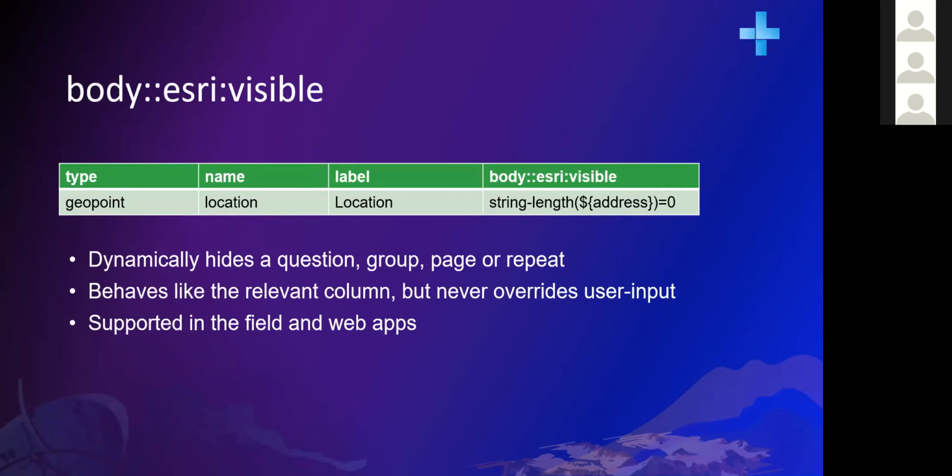But if you did put some data in and then it gets hidden because of body::esri:visible, that user input will still stay. So it gives you some flexibility if you still want to capture that value, even though it gets hidden, maybe after a certain point. It's supported in both the web and the field apps.